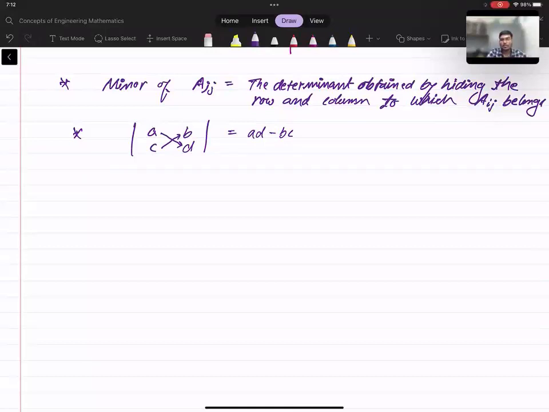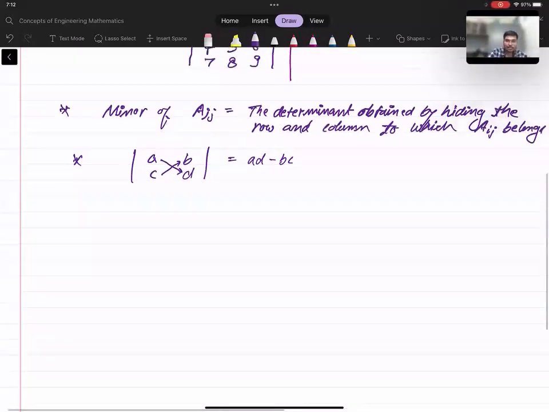After this, if we reduce the order, we will get a one by one determinant, which will be a single scalar value. So this 2 by 2 determinant is evaluated by this method, and for higher order determinants, we will now use minors to find the value of the determinant. We had an example of a matrix.